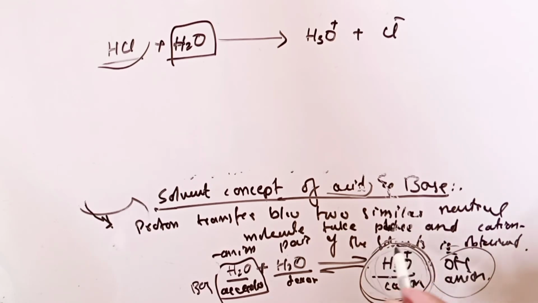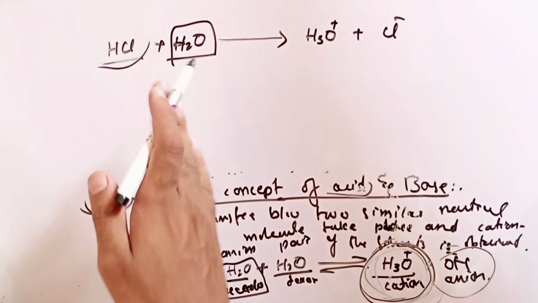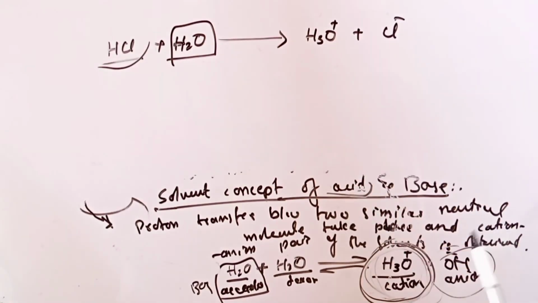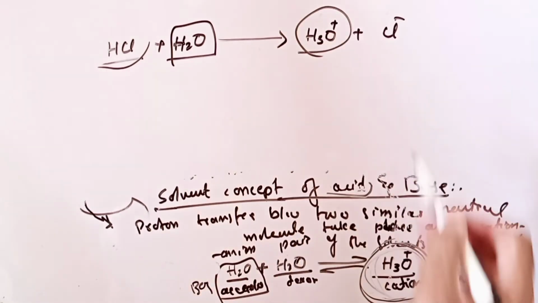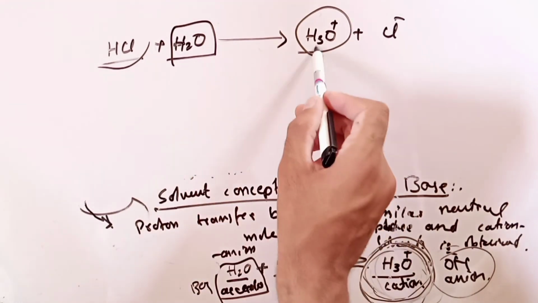So when HCl is added in water, it produces a species similar to the cation of the same solvent in autoionization, that is also H3O+. According to the definition, a species that increases the concentration of the solvent cation will act as an acid.